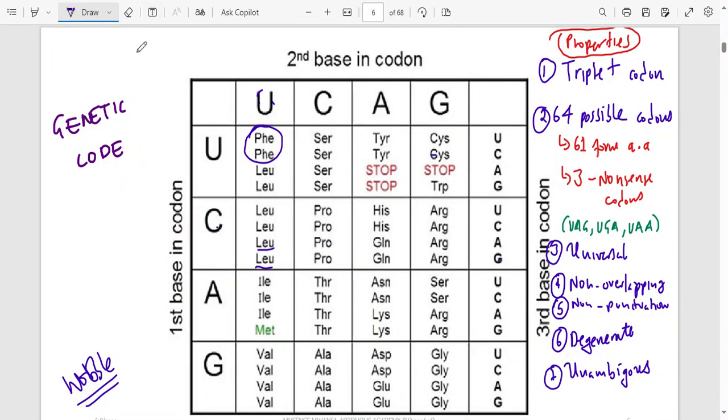Who can give me the codon for phenylalanine? They are here. Phenylalanine is here. There are two codons. Just give me one.